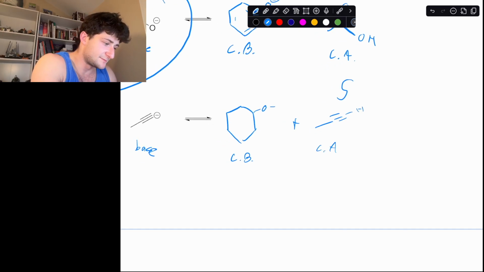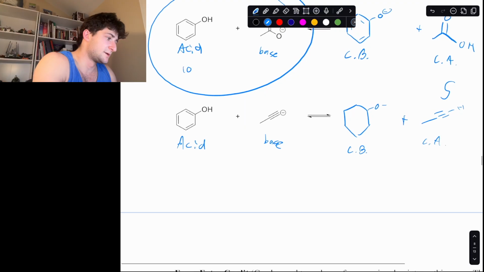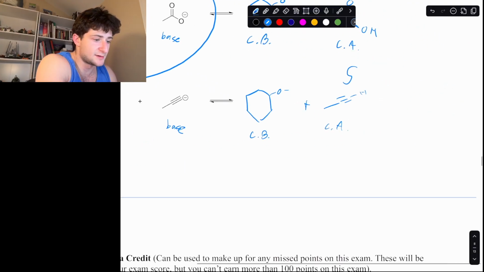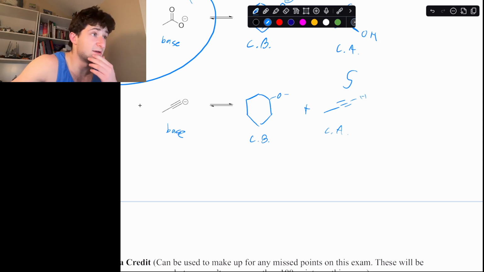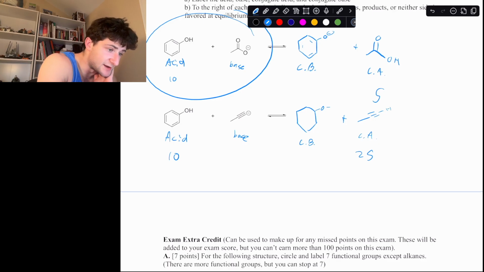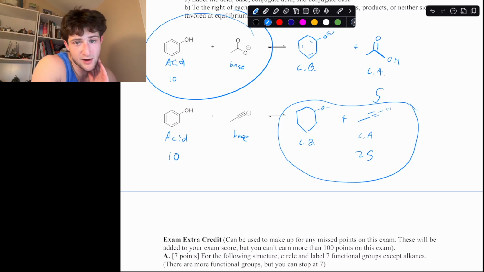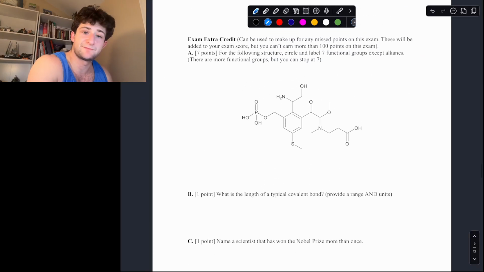Okay. We got 10 over here. This is just an alkene, which is 25. And that's high. Or at least higher than the reactants. So, bang.